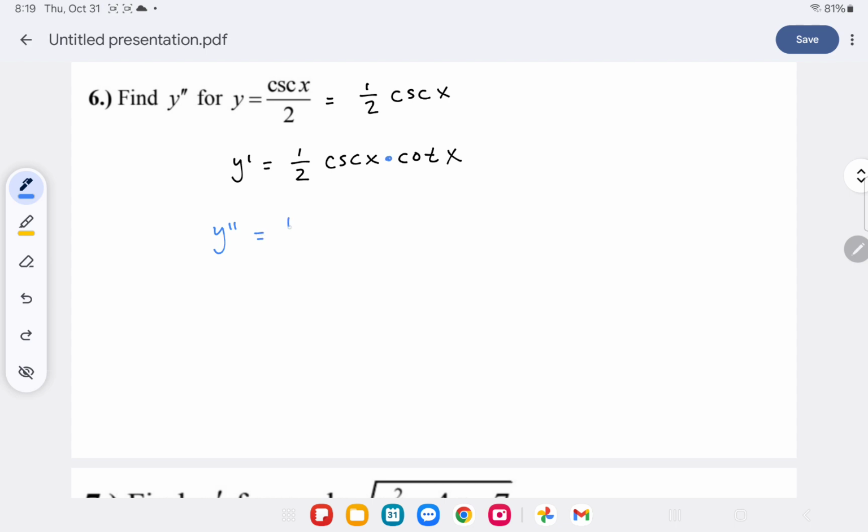So I'm going to do the first function times the derivative of the second. The derivative of cotangent, what is the derivative of cotangent? Looking up the derivative of cotangent, I actually found out that I had the derivative of cosecant wrong.